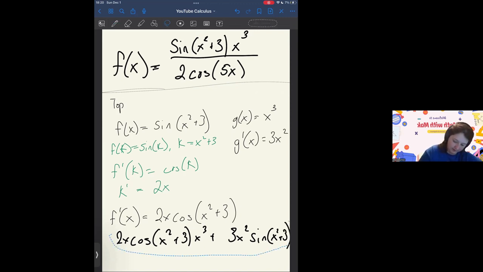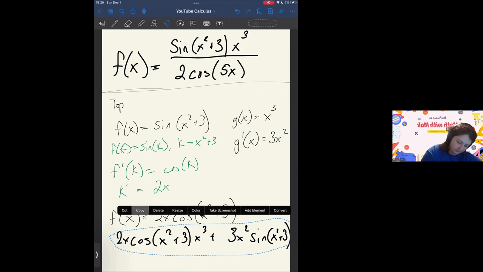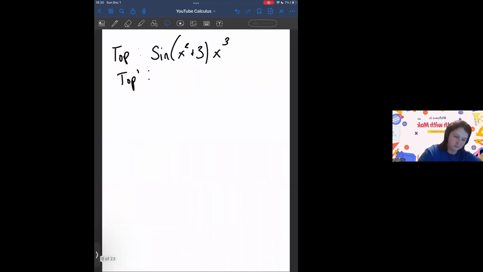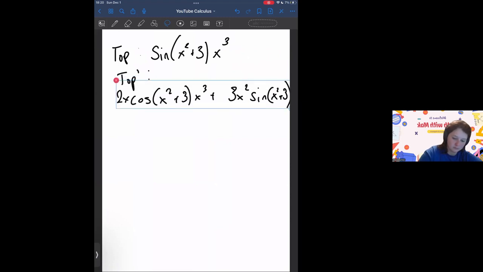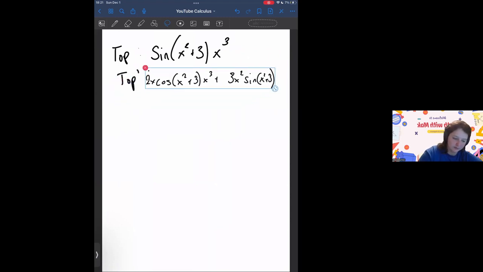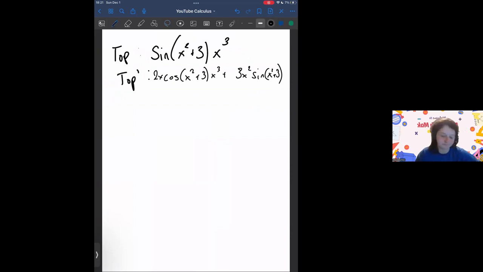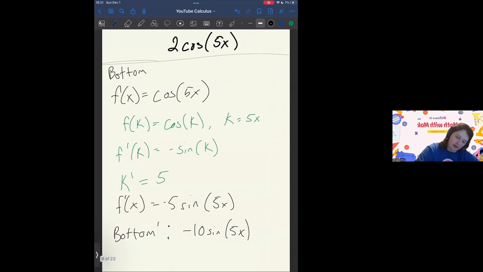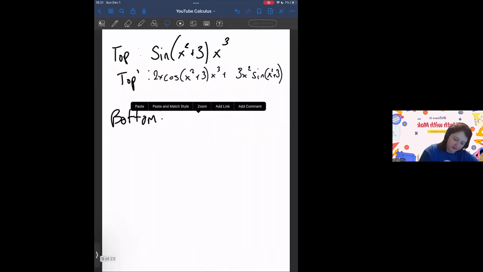But now we can copy all this over. Make it a little bit smaller so it fits. And then on bottom, we had 2 cosine of 5x.